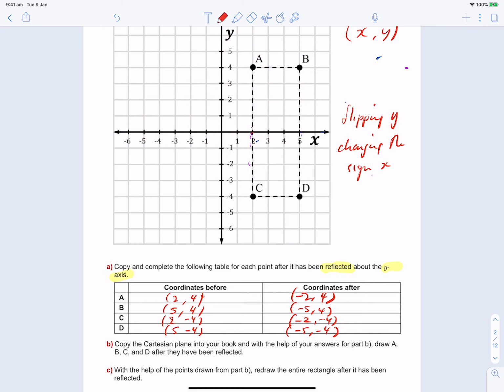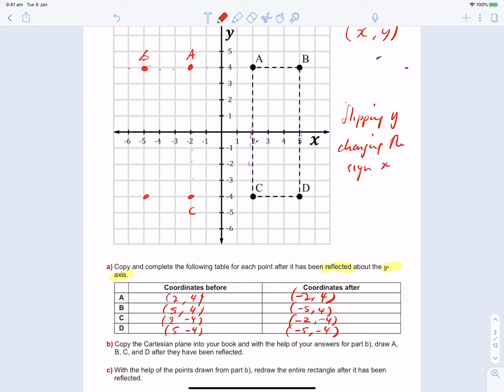So minus 2, 1, 2, and 4 up. Great, there's A. B is going to be at minus 5, 4. 1, 2, 3, 4. Oops, sorry, minus 5. All right. C is now going to be at minus 2, so over here and down 4. 1, 2, 3, 4.